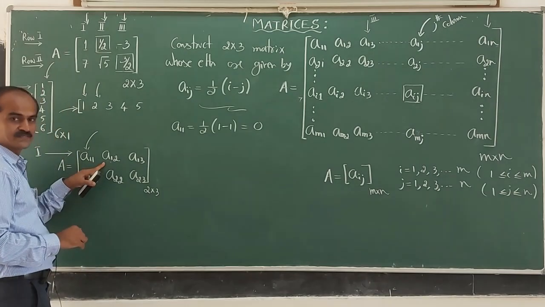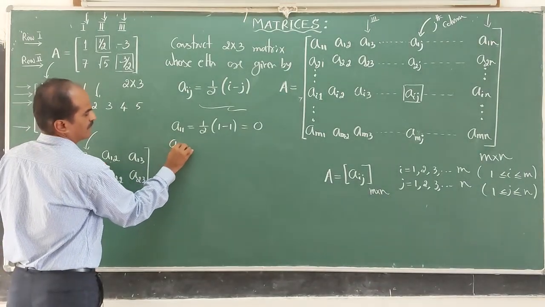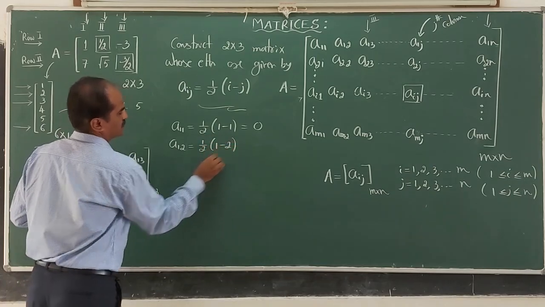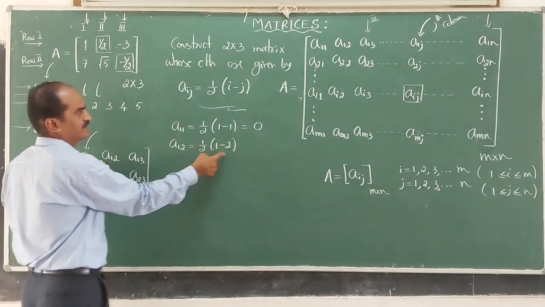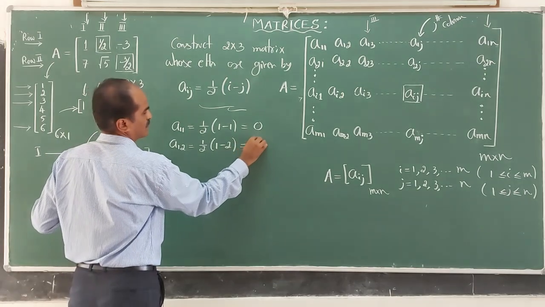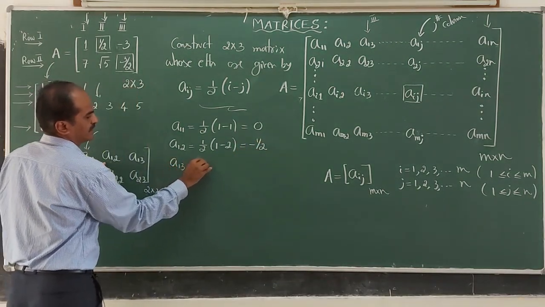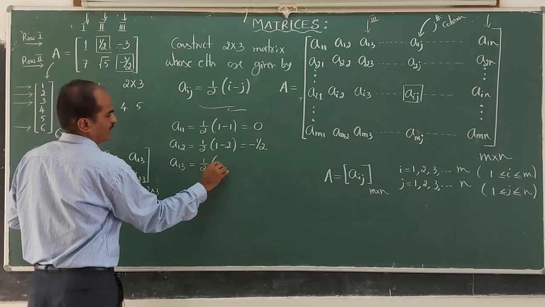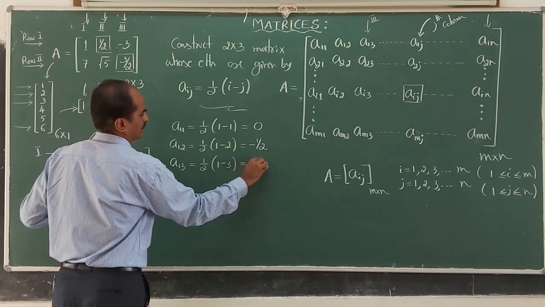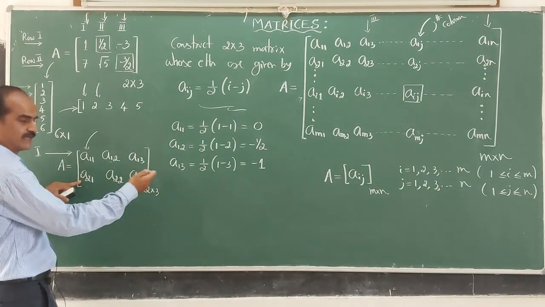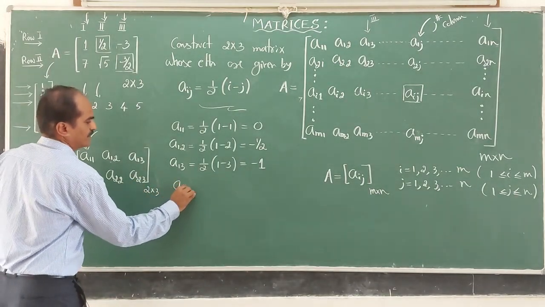I want to know what is the value of A12. A12 is half of 1 minus 2, because the i value is 1 and the j value is 2. How much are you going to get? Minus 1 by 2. Then the A13 value. It is half of 1 minus 3. If you simplify, you are going to get minus 1. Now find the values of the second row elements.